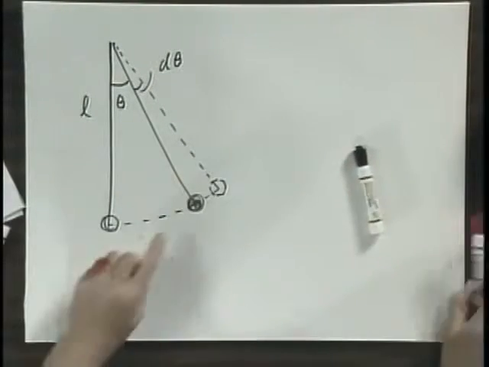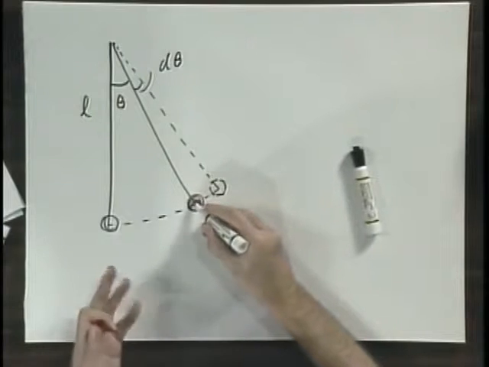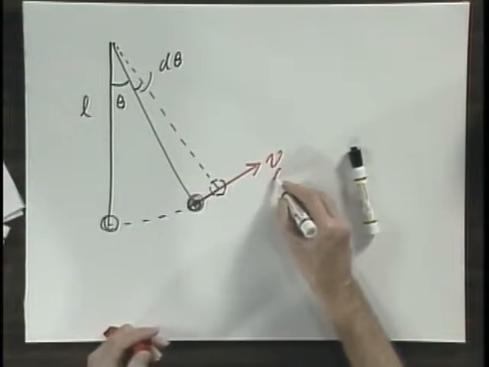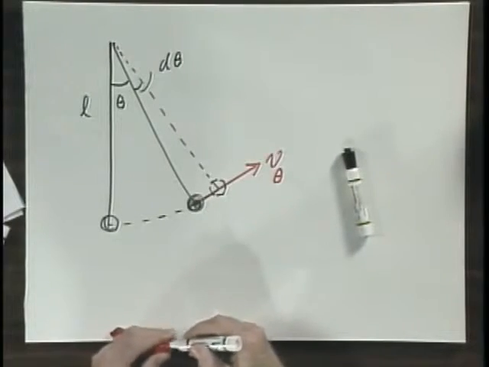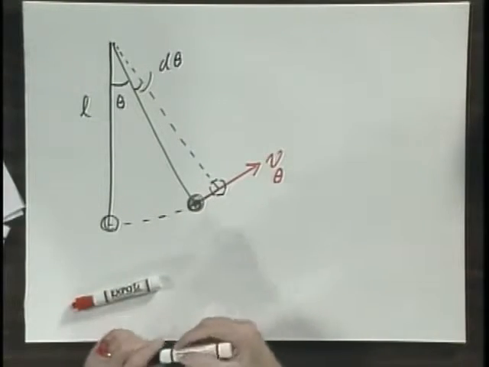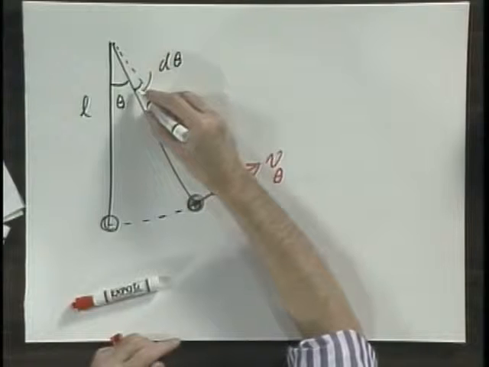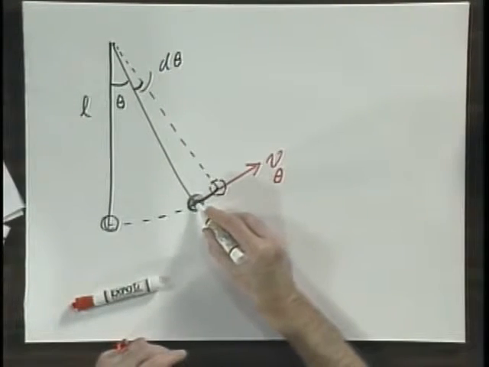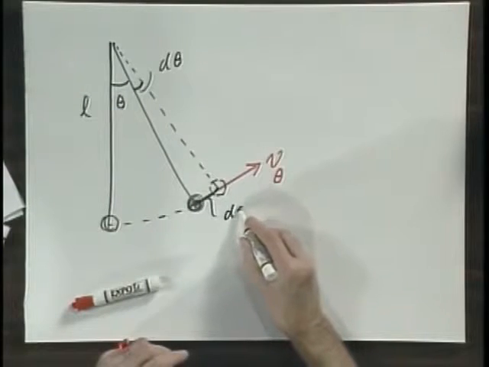This object at this moment has a velocity, let's say in this direction, tangential. I call it v of theta. And in the time that this angle d theta takes place, there is a little arc, and I call the arc ds.